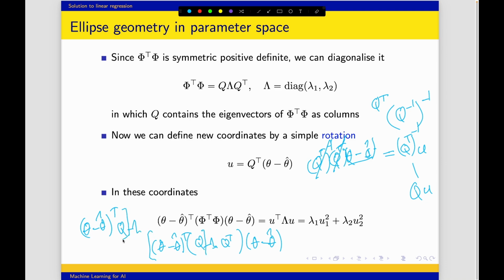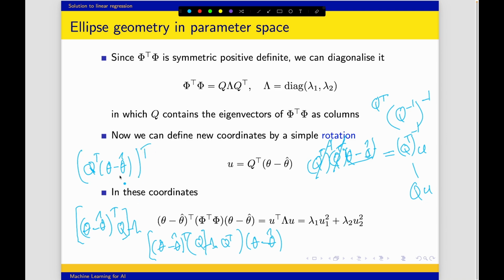So let me separate this. Well, what's this? This is the transpose of Q times theta minus theta hat, right? Transpose.